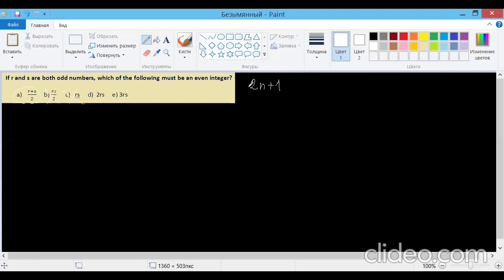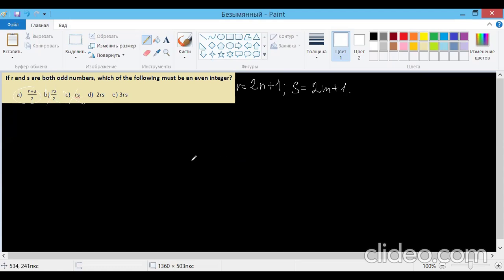Let it be R, so R is equal to 2n plus 1. But we've got two odd numbers, and the other one is S, which can be expressed through a similar formula, 2m plus 1, okay?